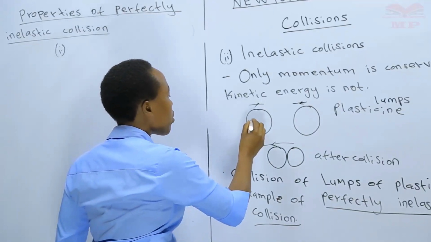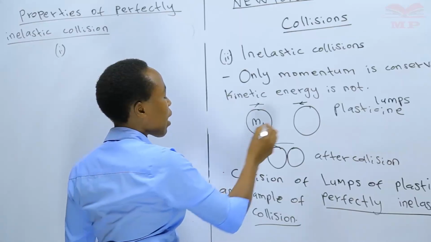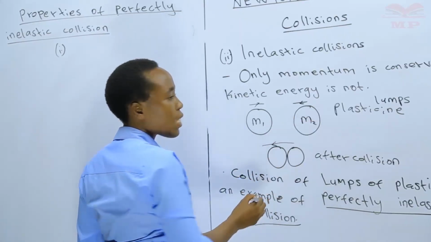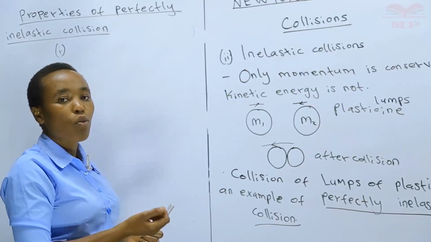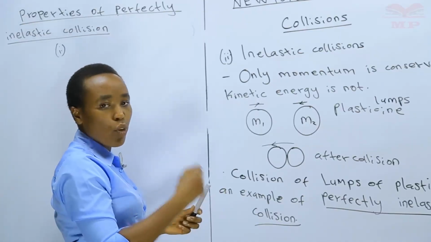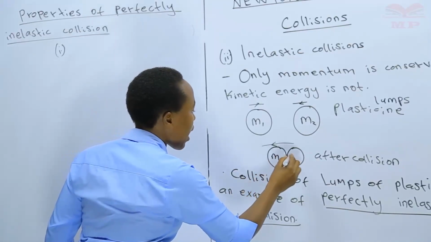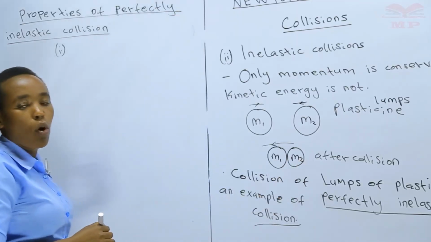That is, if this body has a mass m1 and the other one mass m2, when they collide together, because we are saying that they will fuse and move in one direction, the total mass will be the sum of their individual masses.